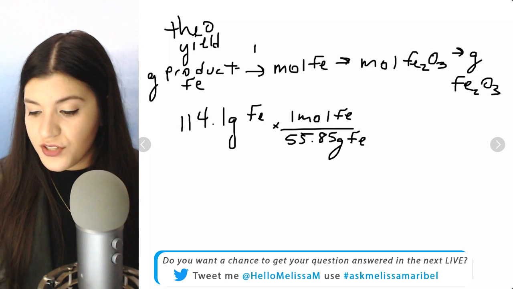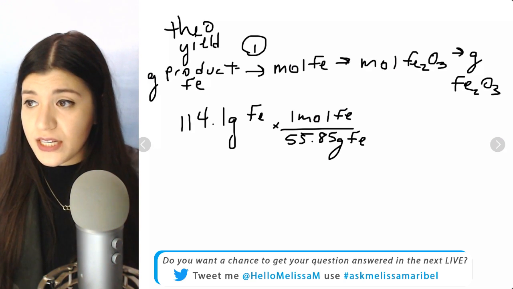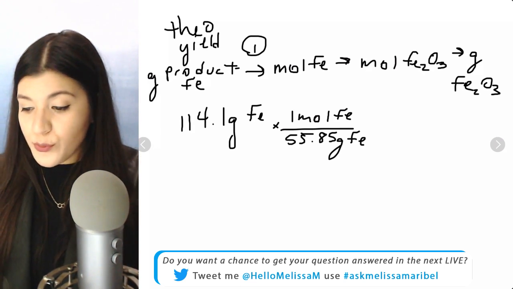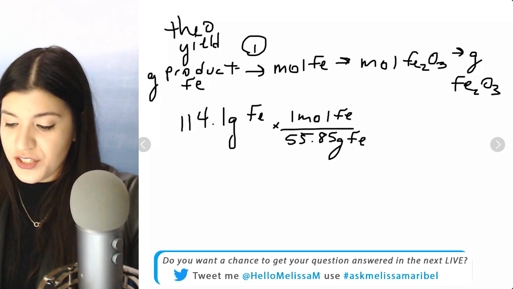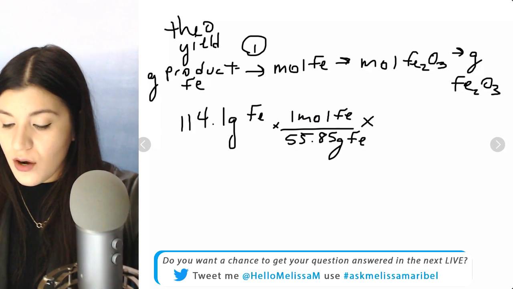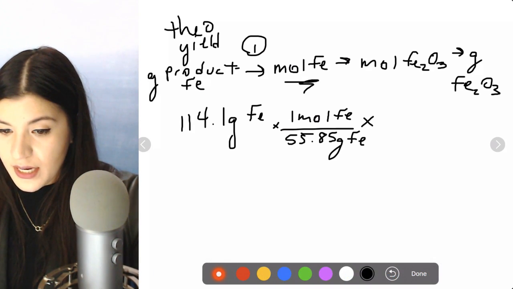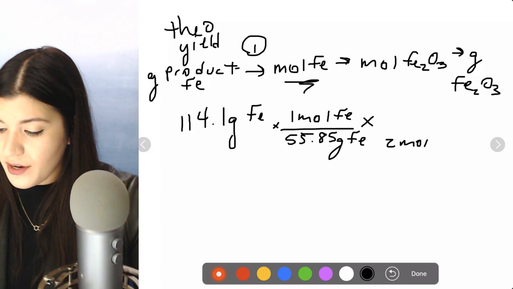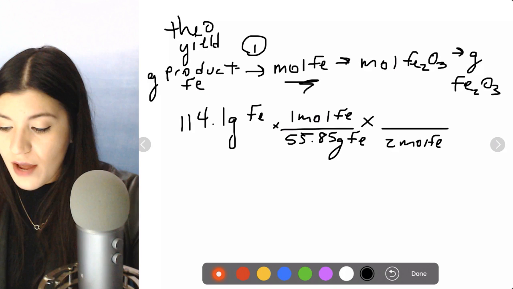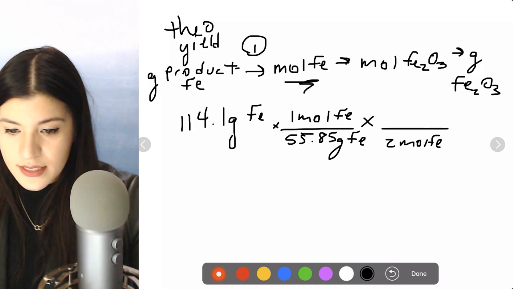All right, that's this first step. Then next, we're going to do a mole-to-mole ratio. This goes back to our balanced equation that we were given previously. We're going to go from moles of iron on the bottom, and looking at the balanced equation, that was 2 moles of iron per every 1 mole of iron oxide.